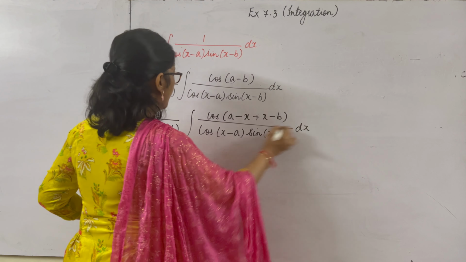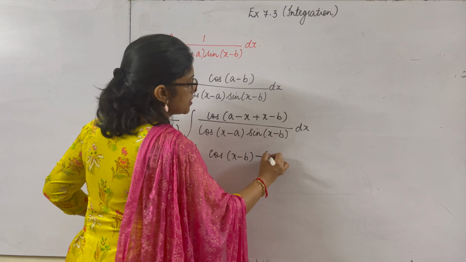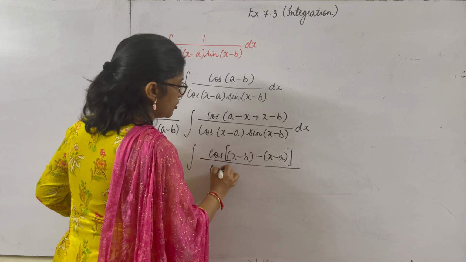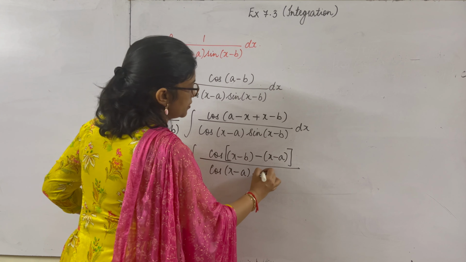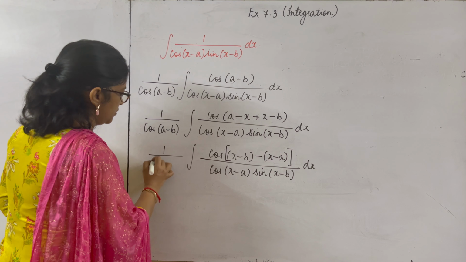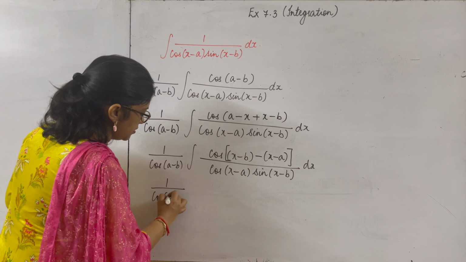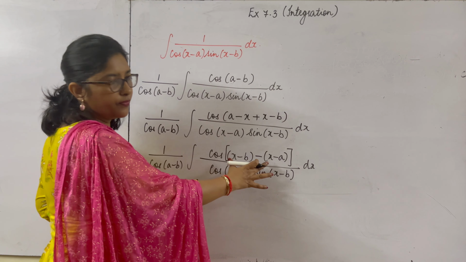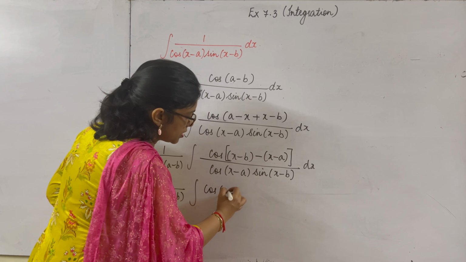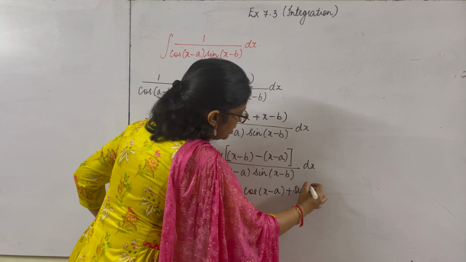Adjust this a bit, like we will write it as cos x minus b minus x minus a. So what kind of angle you have in the denominator, according to that you have to substitute. This term will continue up till the end. It's constant. We just needed this to adjust the numerator. Now apply the formula cos a minus b, which is cos a cos b plus sin a sin b.